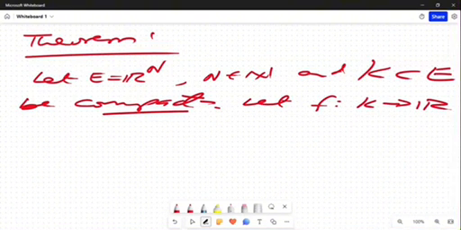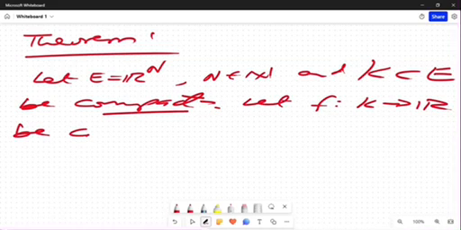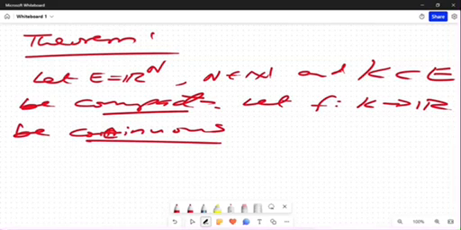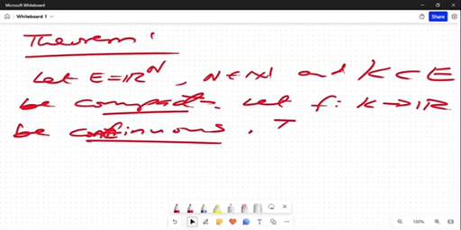Let f be a function from K to R, be continuous. Once again, you know what we mean by a function being continuous. I'm sure you remember. That's another condition.